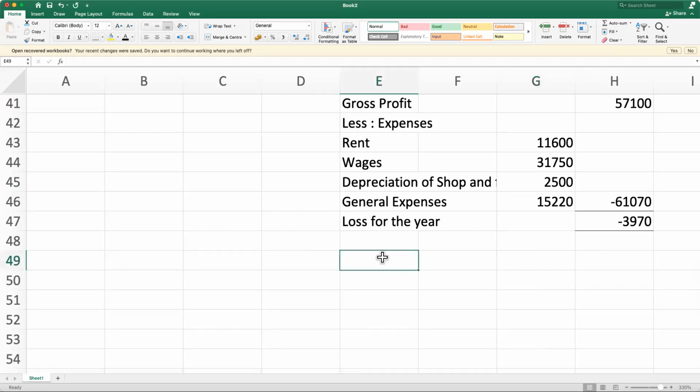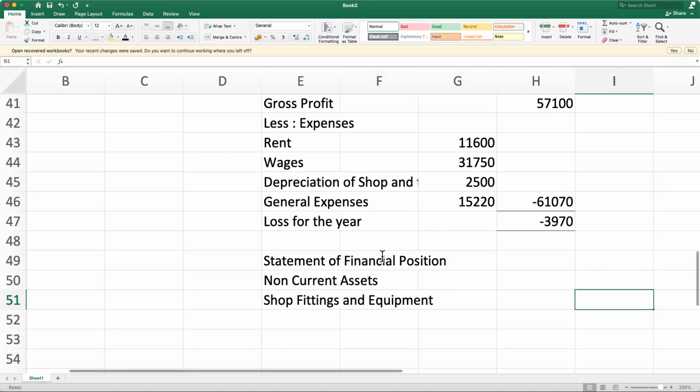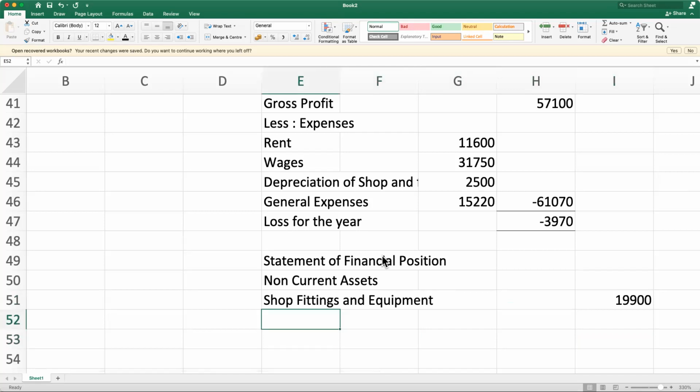Right now, let's do our statement of financial position. Start with your non-current assets. So we get shop, fittings, and equipment. 9,900. And I think that's about the non-current assets.